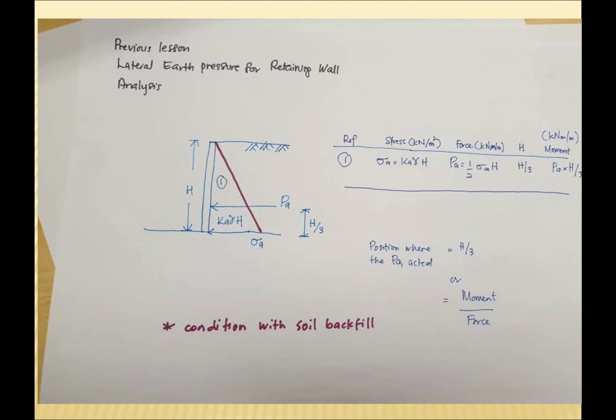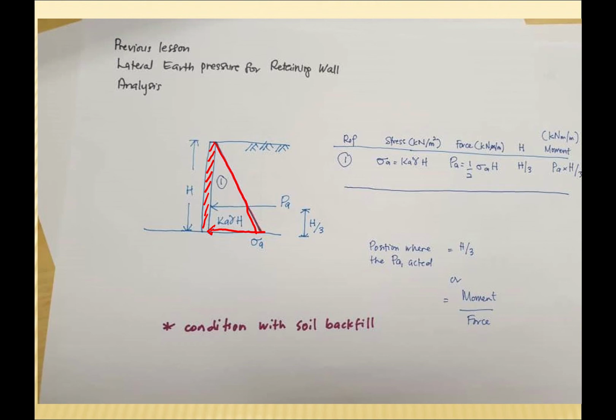To illustrate this, this is your retaining wall, and the backfill is your soil, and because of that you draw this triangle, which represents the stress acting behind your retaining wall. That triangle shows that with different heights the stress is different, and the maximum stress will be at the bottom of the retaining wall, and that maximum stress is given by Ka gamma H.